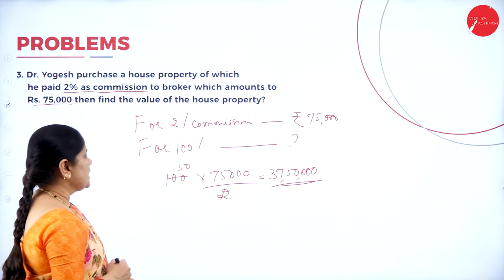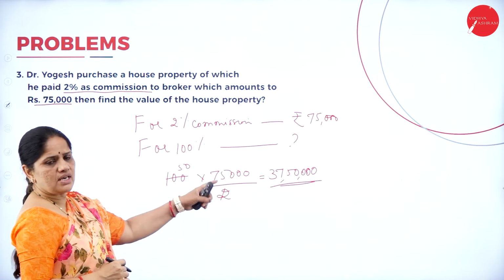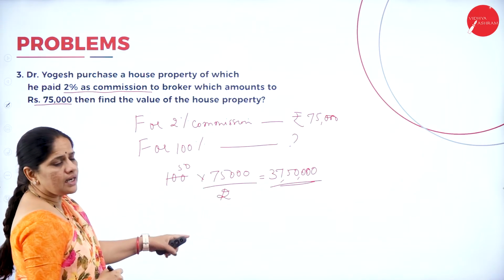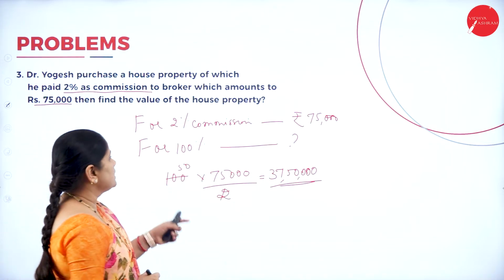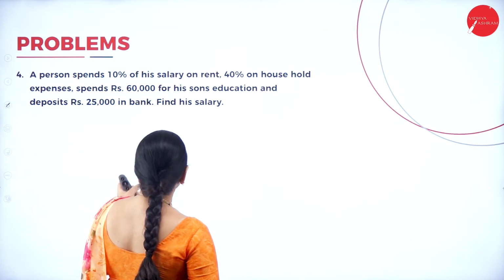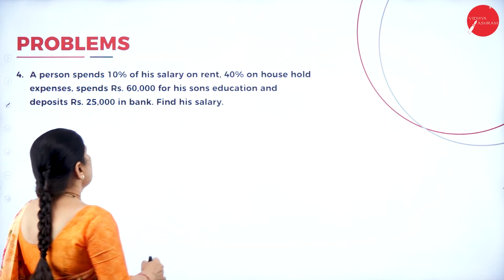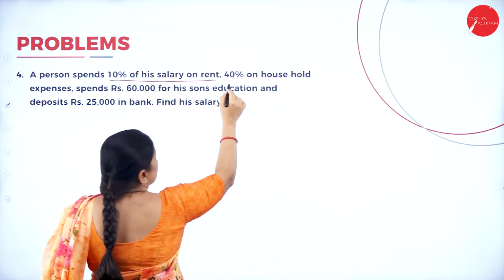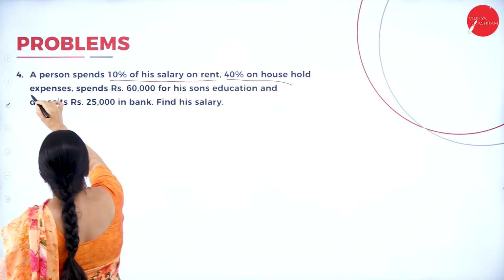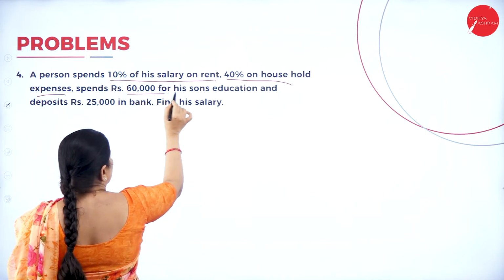So, this is the answer. So, 100 into 75,000 divided by 2, we get 37,50,000.